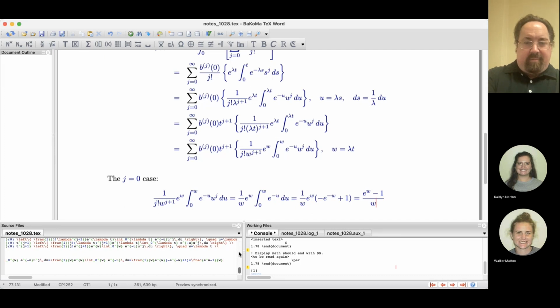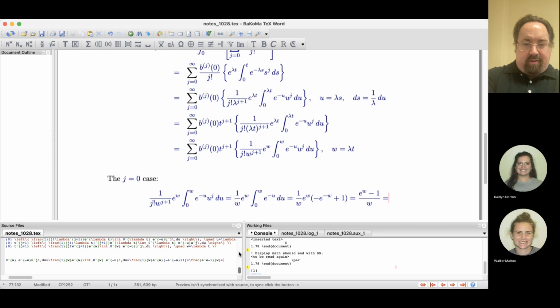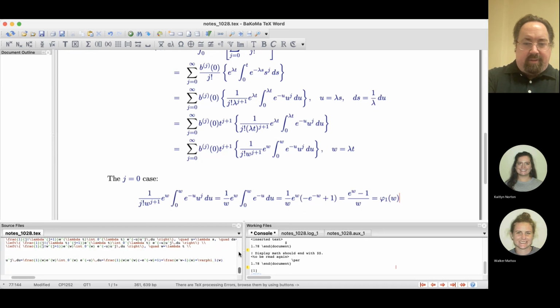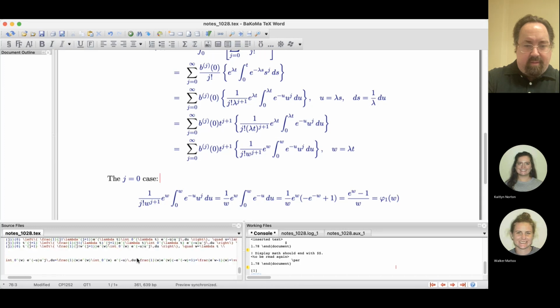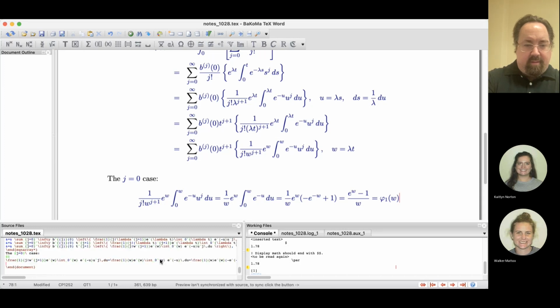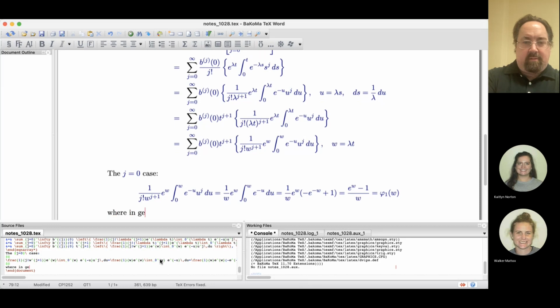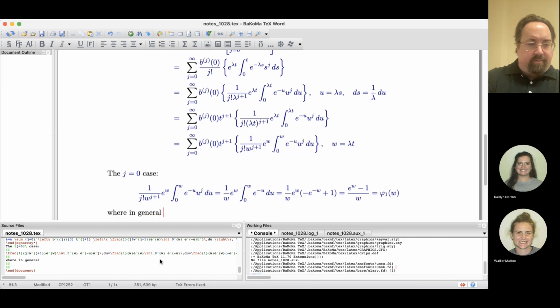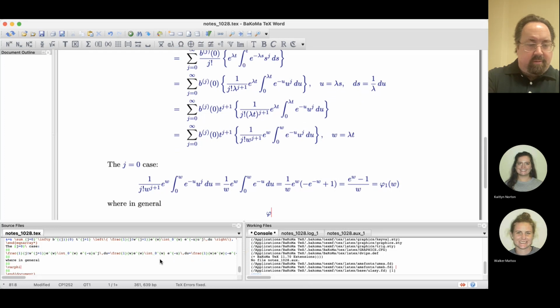Okay. And I'm going to define that to be phi1 of w. So in general, the way I'll define these phi functions is just this whole expression here that I had before.